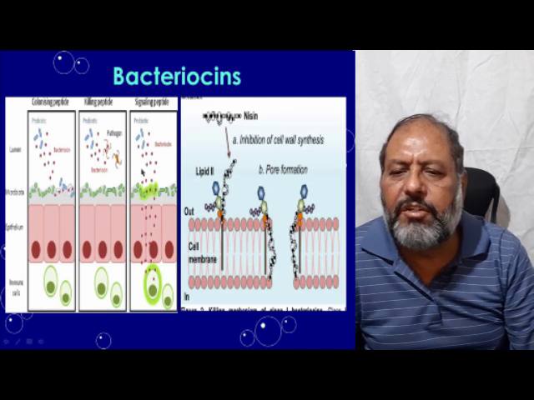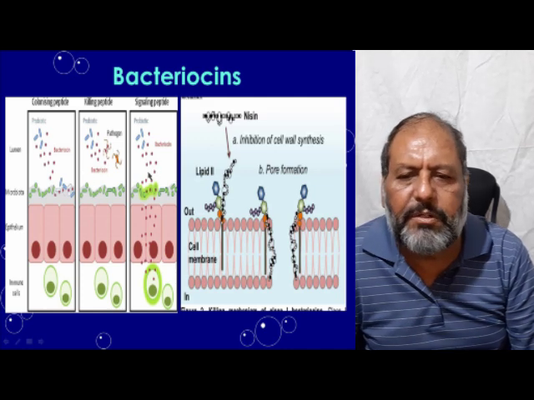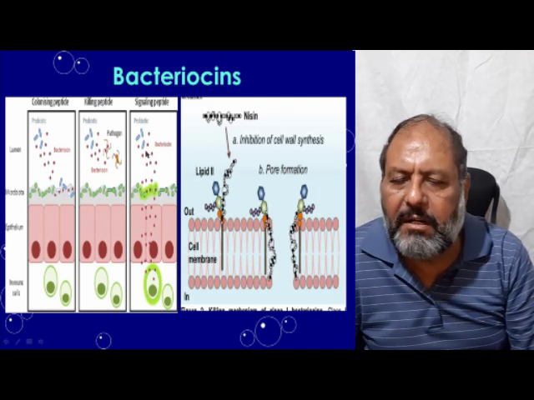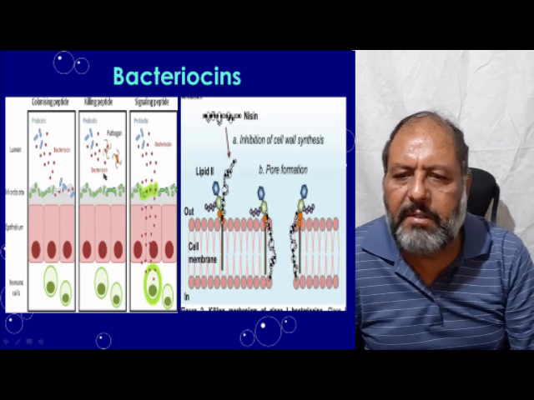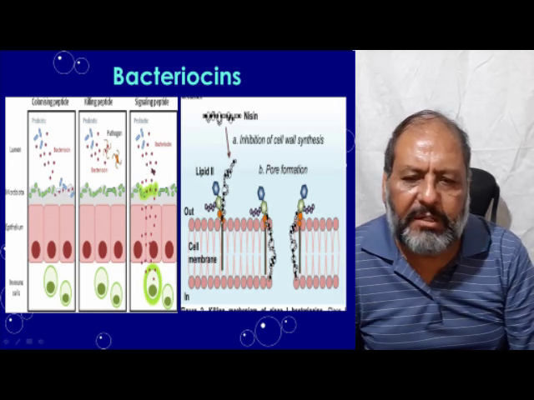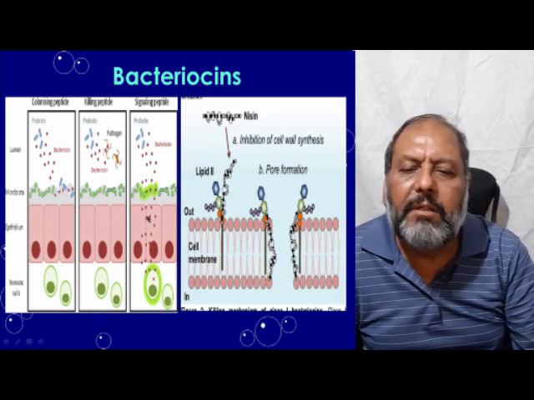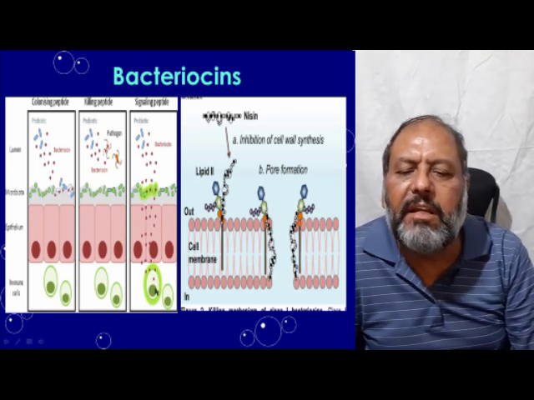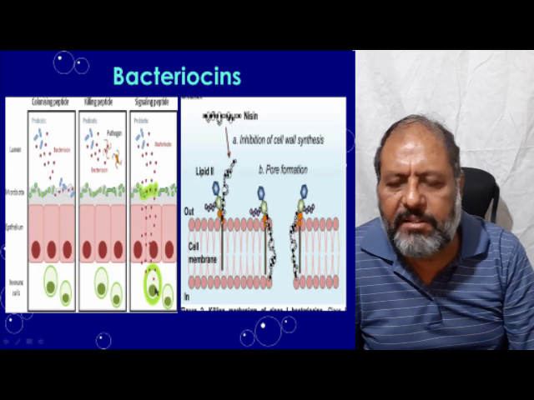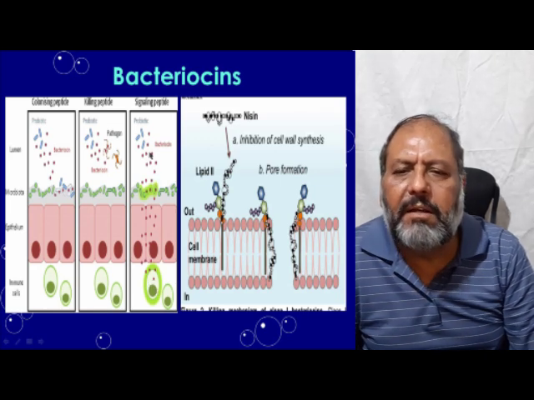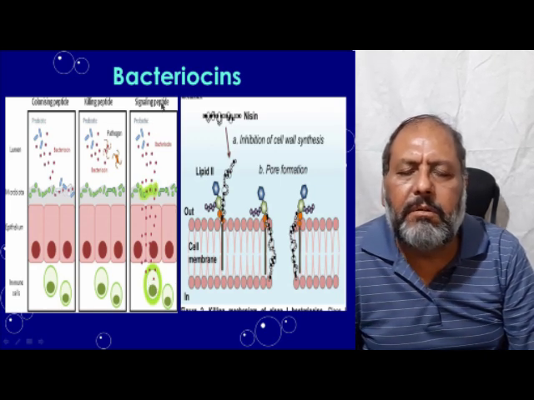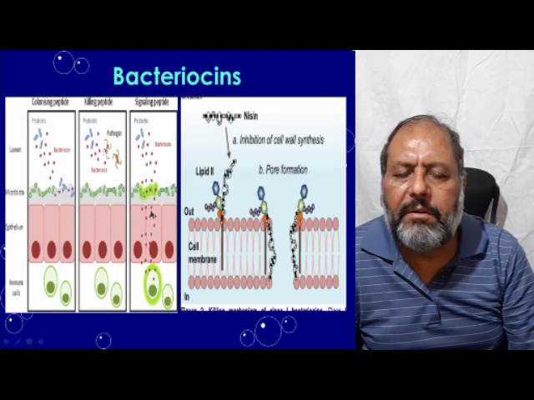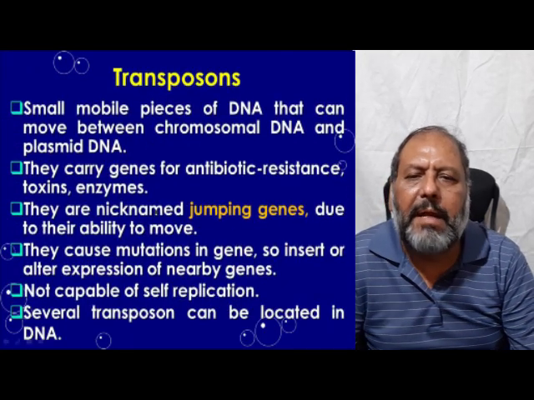Here you can see the bacteriocin being produced by the bacteria itself and destroying the other bacteria. They can even get inside the cell, causing a signaling mechanism, so they have the bacteriocin signaling peptide and also the killing peptide.